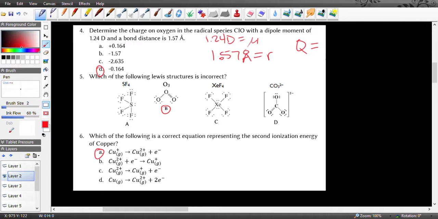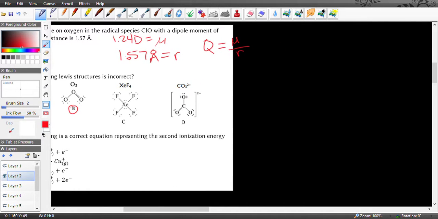Since I worked it out last time, we know that Q is going to equal that divided by that. I'll work it out real quick over here to show you from the original problem.